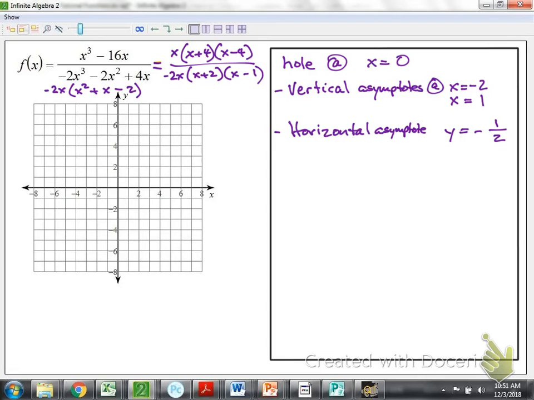All right, let's keep on going. What else can we see pretty easily from our factorization there? What are the x-intercepts? 4 and -4.